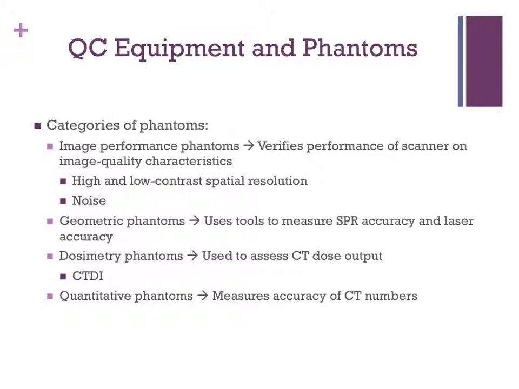Geometric phantoms use tools to measure the spatial resolution accuracy and the laser accuracy. Dosimetry phantoms are used to assess the CT dose output, and this includes the CTDI. And the quantitative CT phantoms measure the accuracy of these CT numbers.